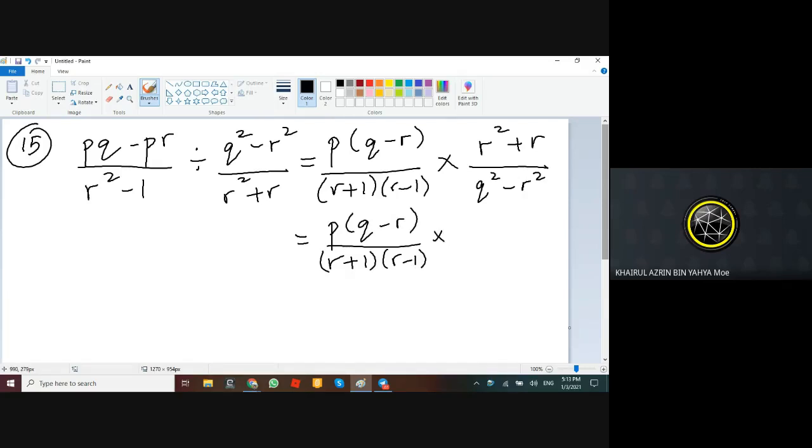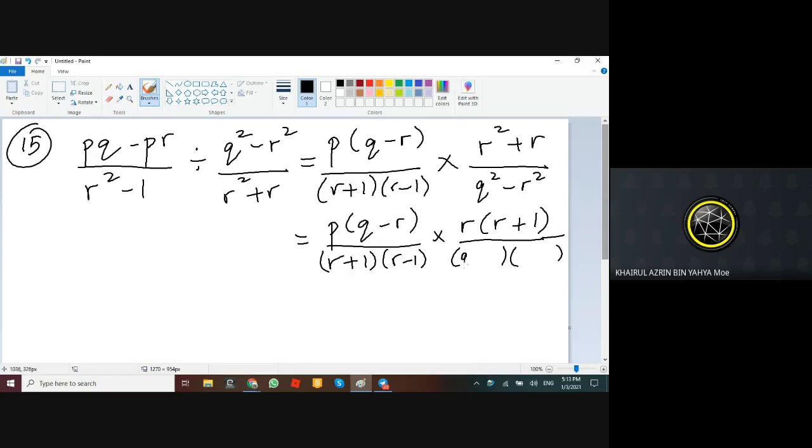Okay, on the second part, we factor R square plus R, we can factor R. So here should be R plus 1. If you expand R times R square, R times 1, R. Okay, down here, Q square minus R square. Again, you can do 2 bracket.